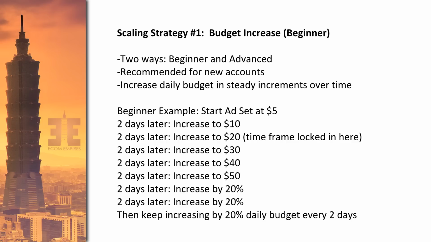And then I say time frame locked in here. Basically, the thing with scaling gradually is you're training your algorithm, because what Facebook does at the beginning of every 24-hour period, based on your time zone of when you created your ad account, is it's going to look at your budget and set its algorithm to spread your budget evenly across that day to get as many conversions or as many results as possible for your budget.